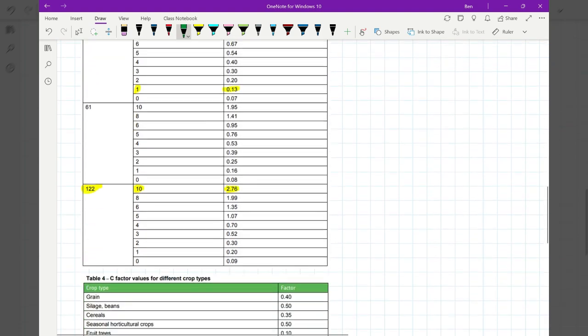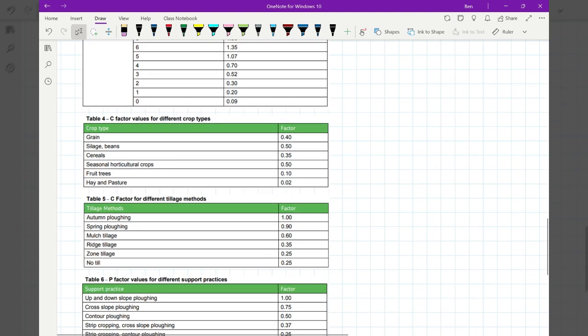And you can see we have lookup tables to do this as well. To work out that factor, we need to multiply our two lookups together. So for our C factor, we have two tables that we need to check against. Say we have something like grain, we can see that we have a factor of 0.4.